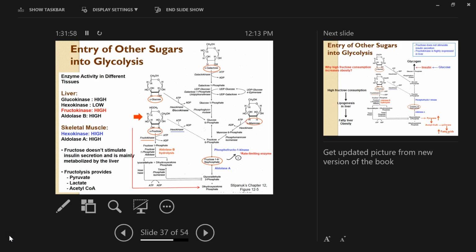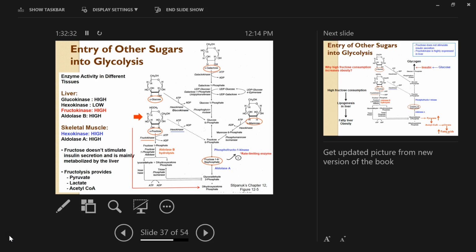In other words, fructose is metabolized through just two reactions, fructokinase and aldolase, to break down fructose into 3-carbon intermediates. So fructose metabolism bypasses these key rate-limiting reactions.